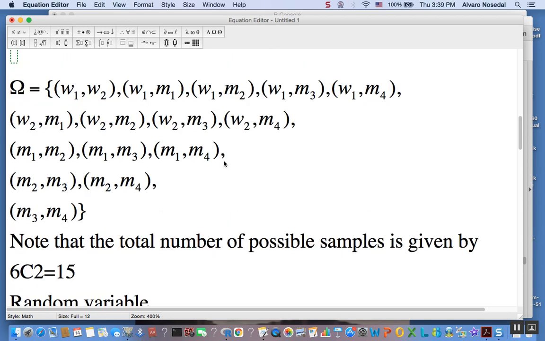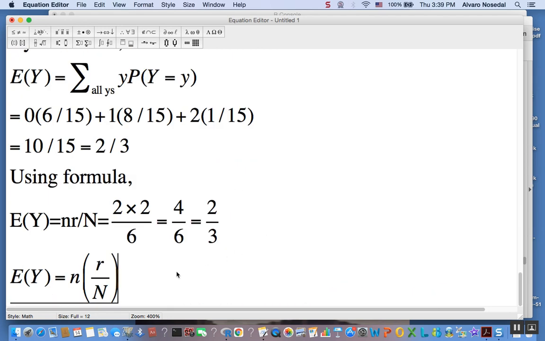Okay? So anyway, that's one of the main differences between the binomial distribution and the hypergeometric distribution. In this case, the probability of success from one trial to the next doesn't remain constant. Okay? Now, how about we see how to do this using R?